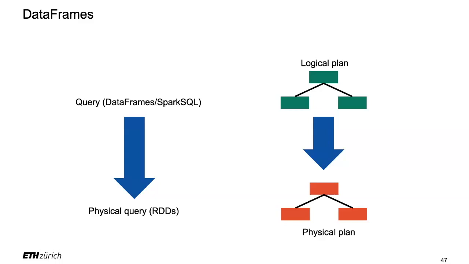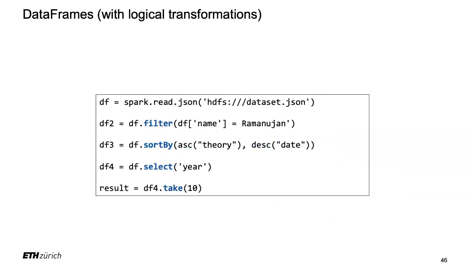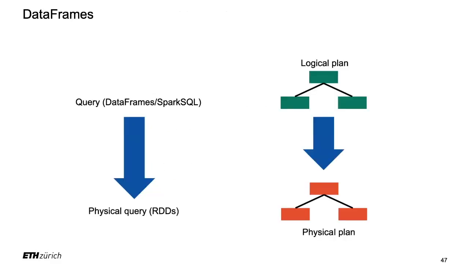Spark will automatically convert the data frames to RDDs in an optimized way, and it will automatically convert Spark SQL to RDD transformations. If you wrote this, it will automatically convert the data frame transformations to RDD transformations, right? So we say that these data frame transformations, with Spark SQL, are a logical plan, and it is converted to a physical plan with the actual RDD transformations.